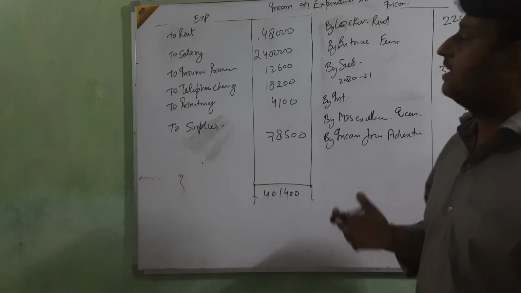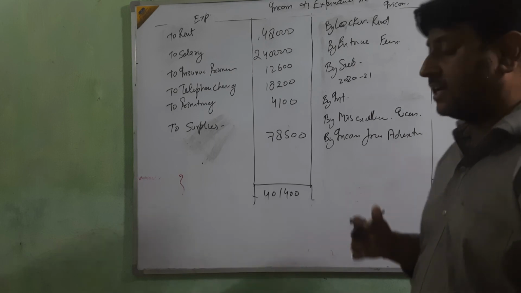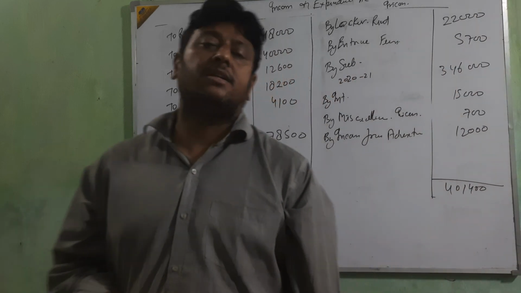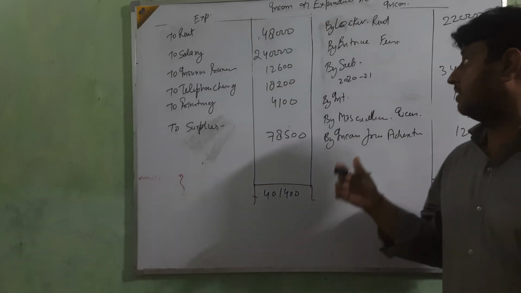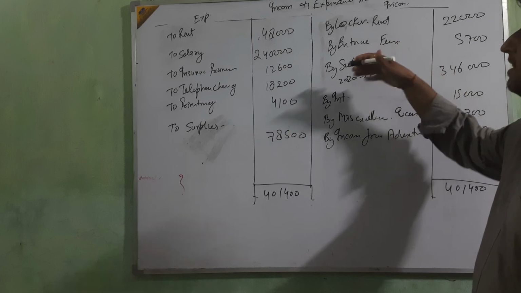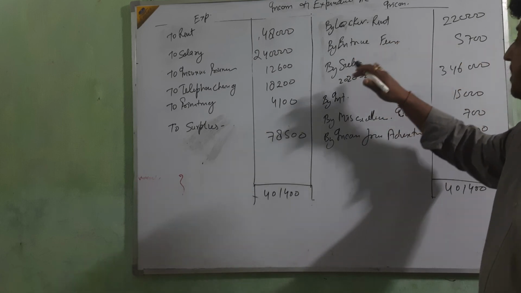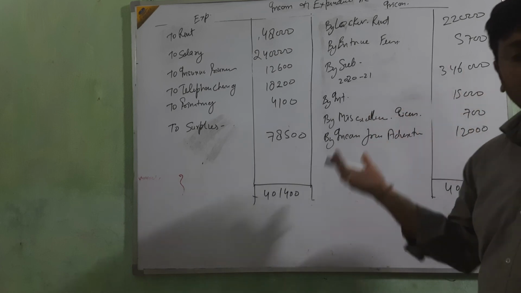If for last year, that will be added. Any expense not paid will be added. Prepaid, if you pay in advance, will be deducted. If an opening stock of stationery is given, that will be added. Closing stock is given, that will be deducted.